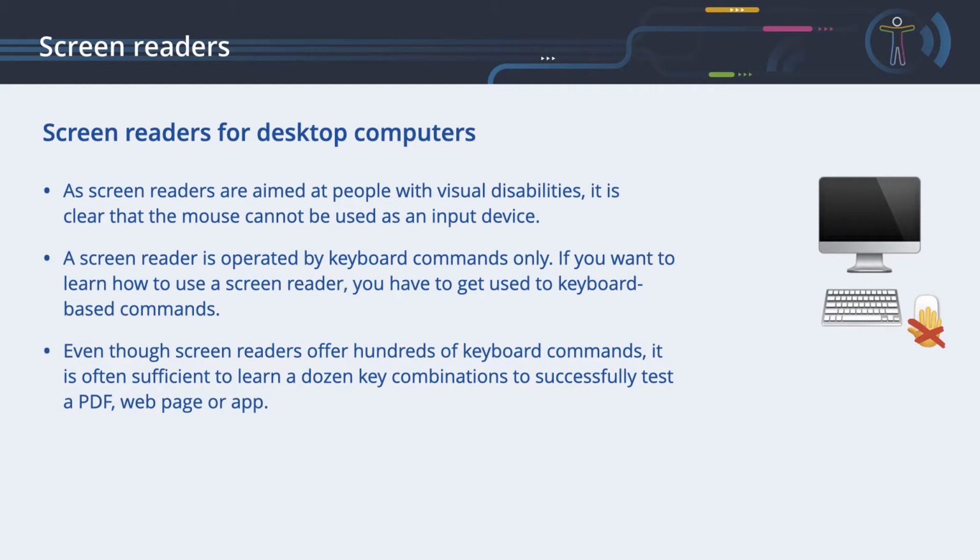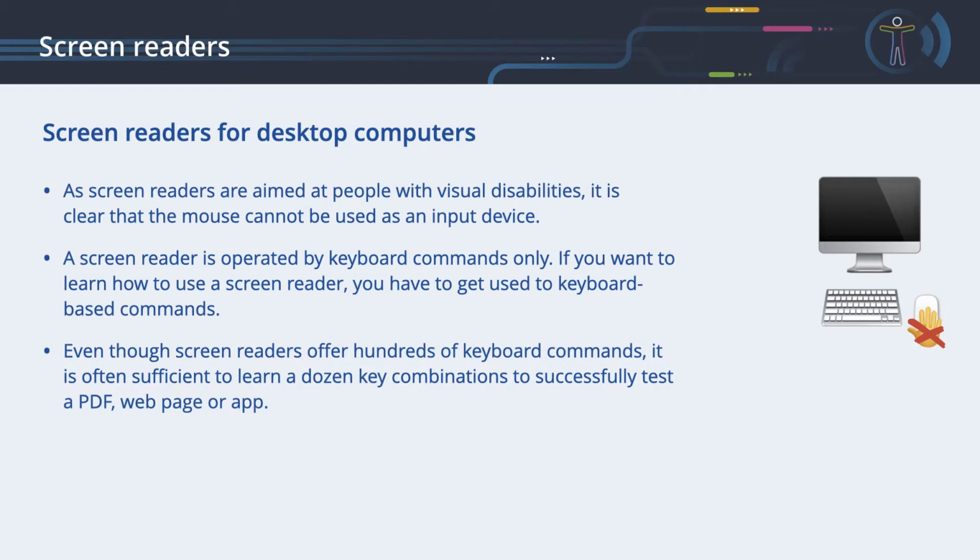Screen readers for desktop computers. As screen readers are aimed at people with visual disabilities, it is clear that the mouse cannot be used as an input device. A mouse is a pointing device that invokes different actions depending on the position of the mouse pointer on the screen, a position which cannot be perceived by people with certain visual disabilities.